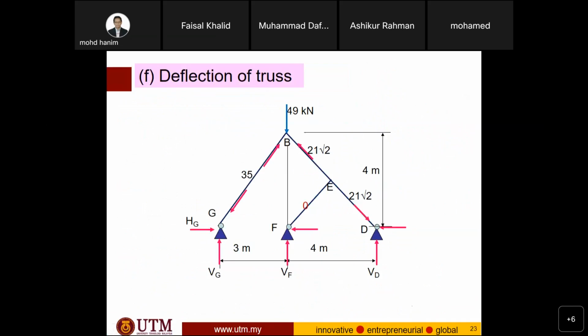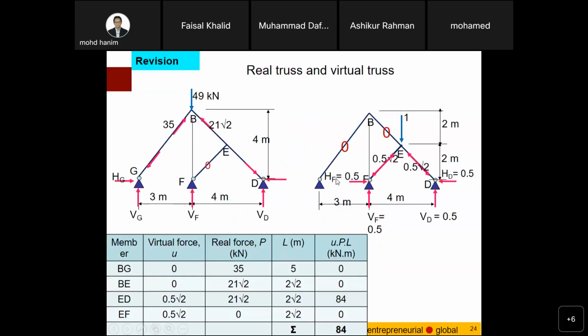And now deflection of truss. At which point? At E. So this is the real diagram. Under the real loading, the question is what is the deflection at point E? When the question is about deflection at point E, that means we can apply 1 unit load at E here.